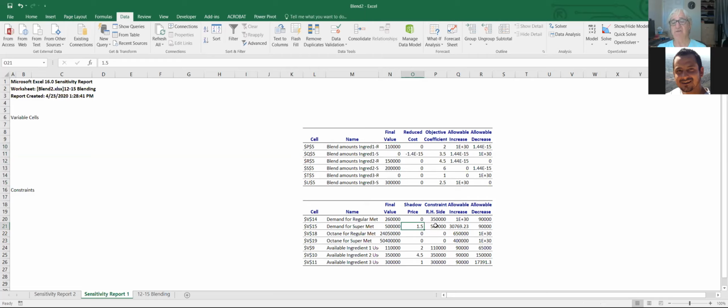So 1,000 barrels more will add 1.5 times $1,000 to the profit. The arrangement here will be different because you'll have to meet a new demand that you didn't have to meet before. The totality of this change in terms of profit will be $1.50 per barrel times 1,000 barrels.